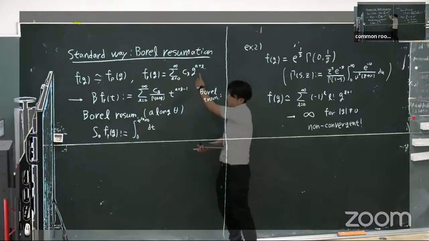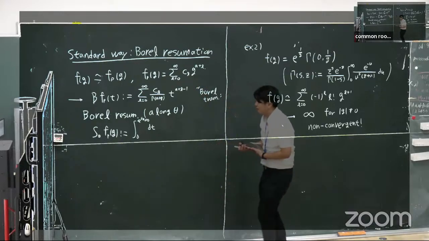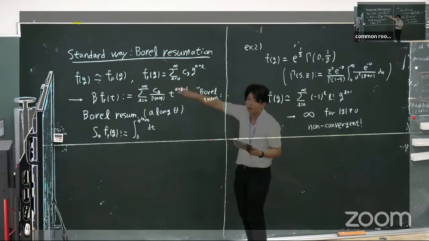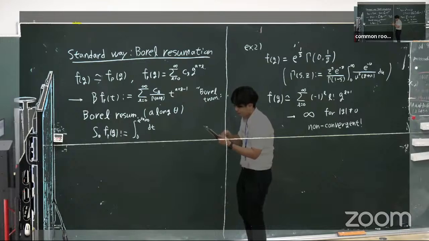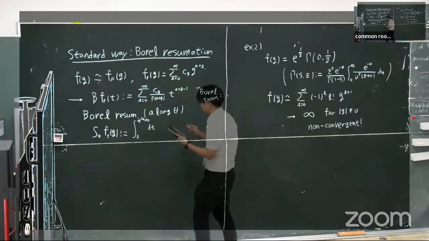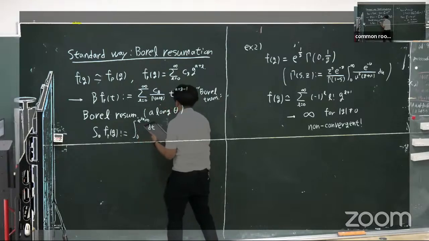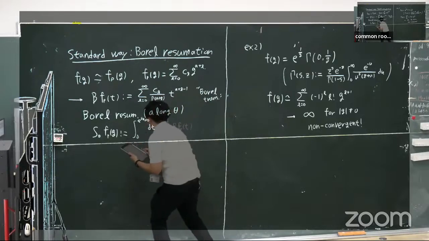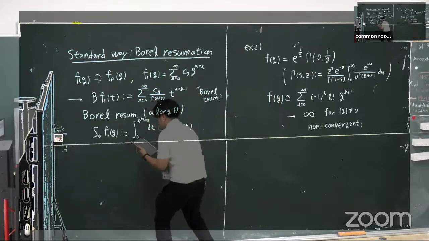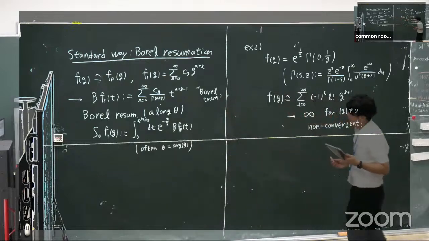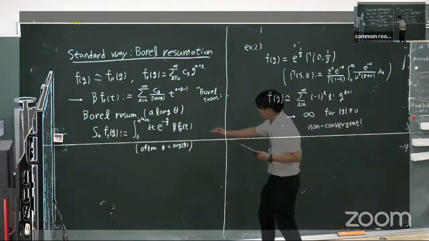So typically A is 0, in a typical physics problem. And quite often theta is basically 0, when g is a real parameter. Okay, this is the formula.